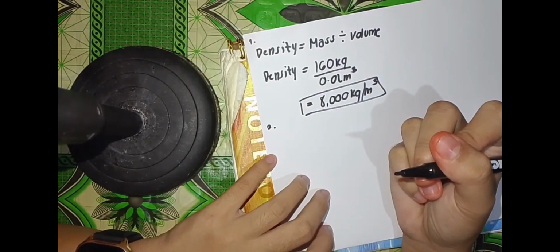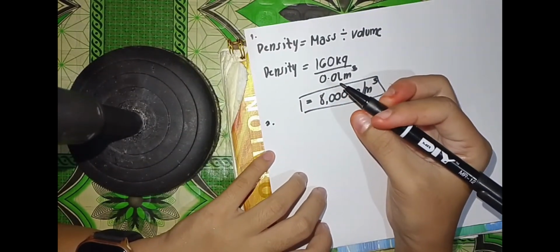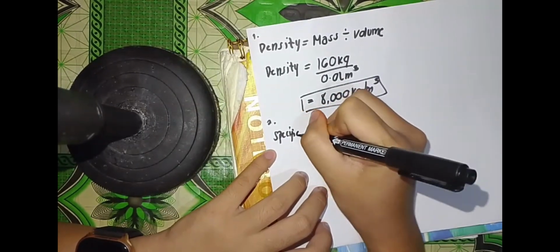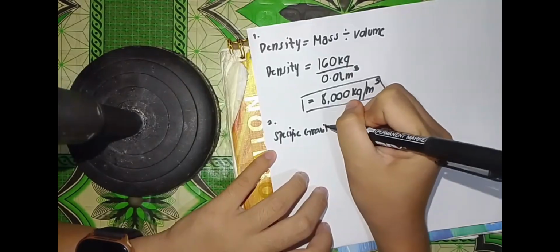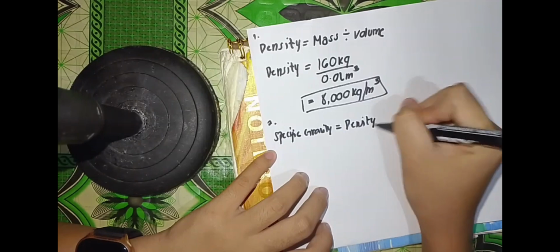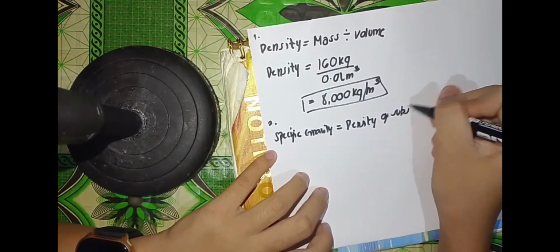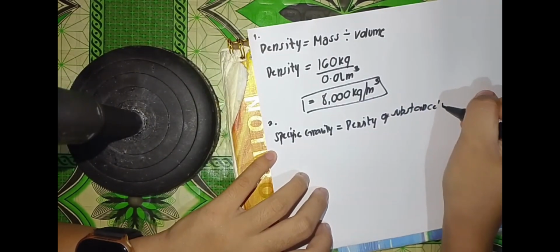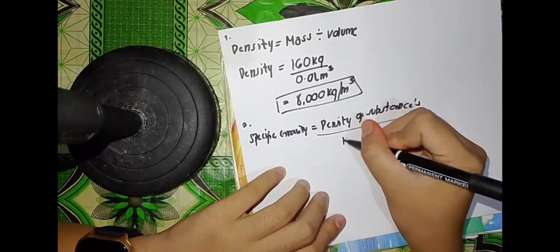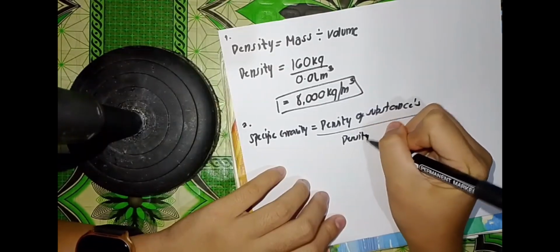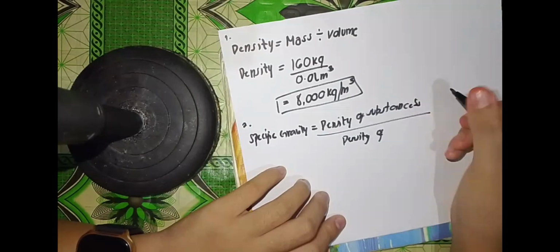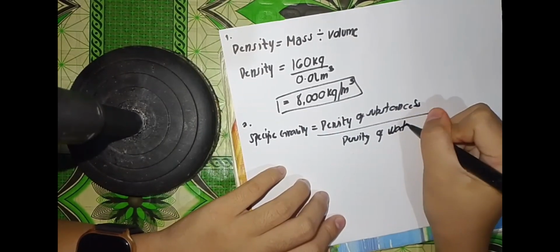Next, let's find the specific gravity. The formula for specific gravity is specific gravity equals the density of the substance divided by the density of water.